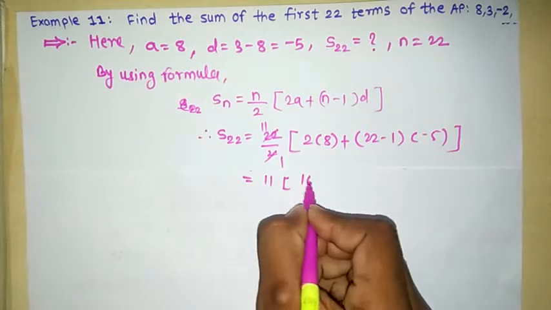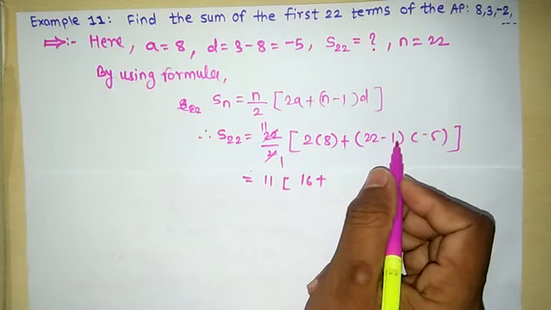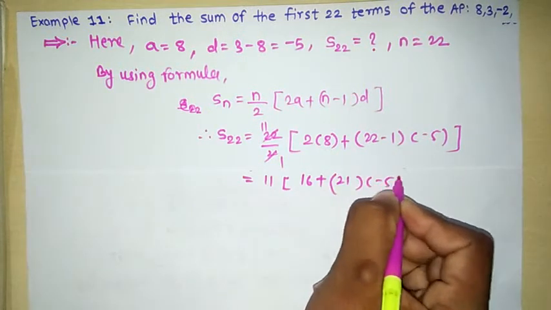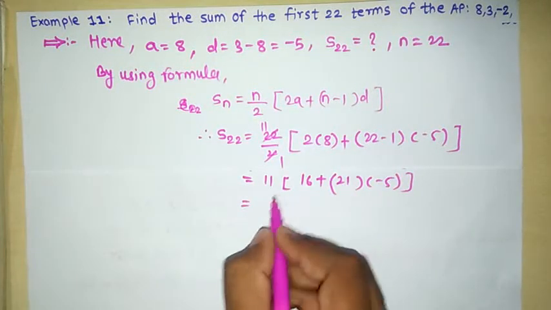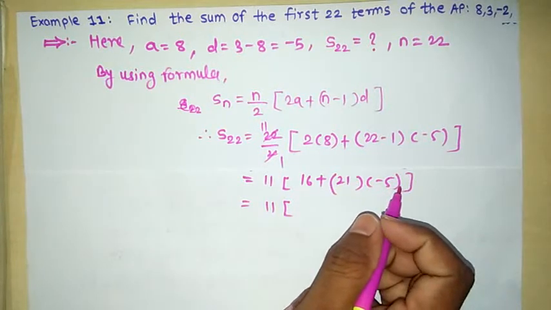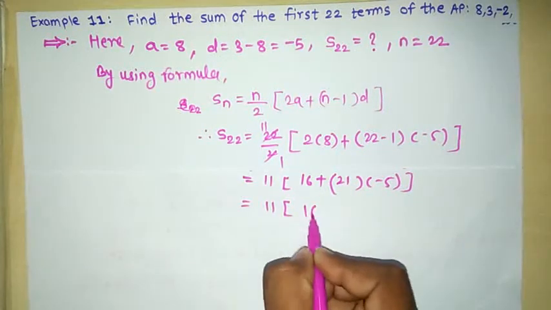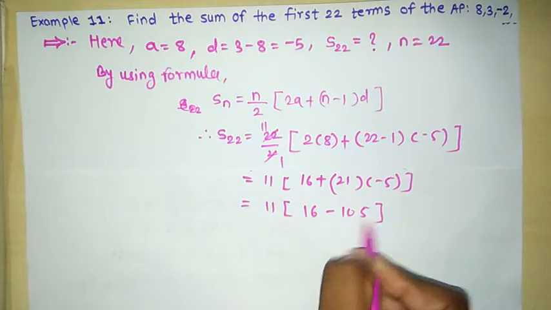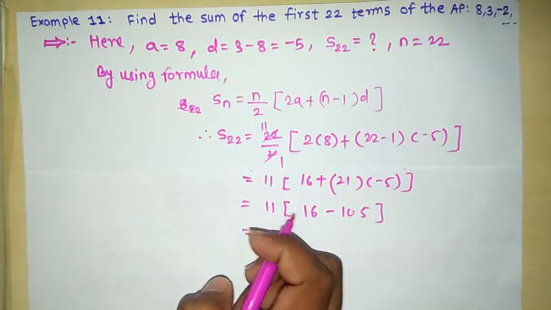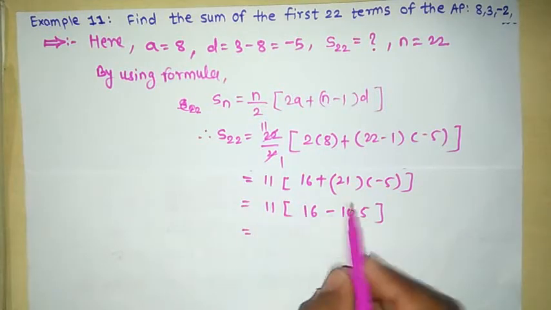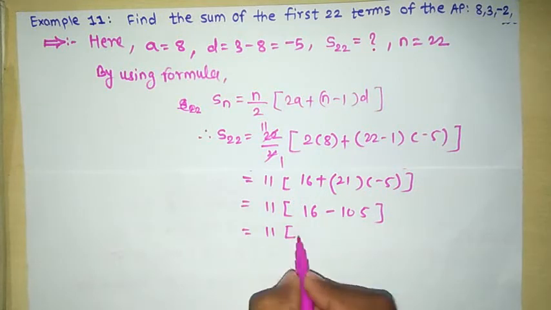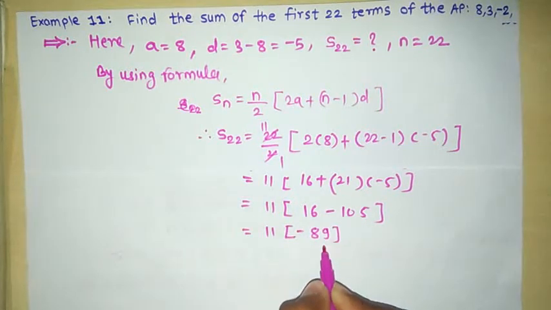It is 16 plus 22 minus 1, that is 21 into minus 5, which is equal to, now 11 as it is, 21 into minus 5, how much? That is minus 105, which is equal to, now 16 minus 105, which is equal to minus 89.